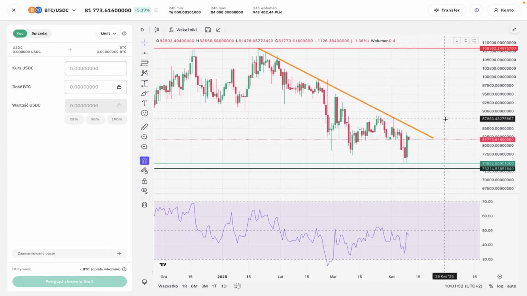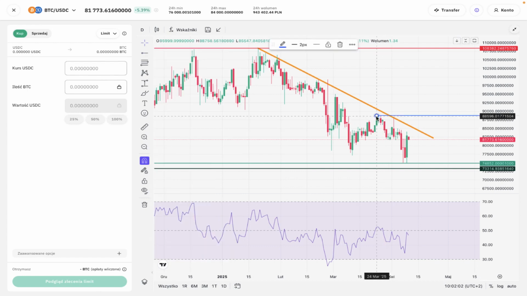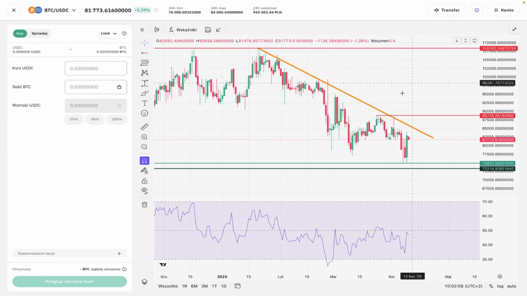So basically, to continue the up movement, we need to break above the trend line, and we need to break above this level here, 88,596, to continue the very nicely started possible correction to the upside, or even reversal. Let's say it loud, or even reversal.